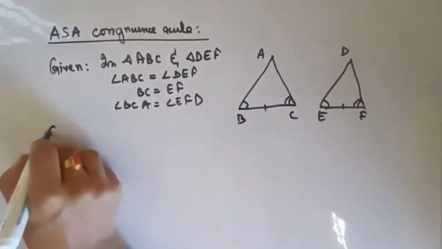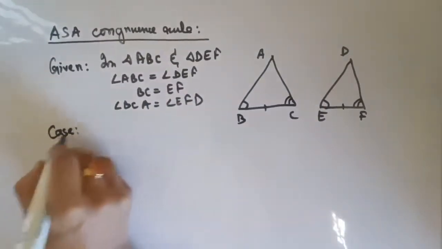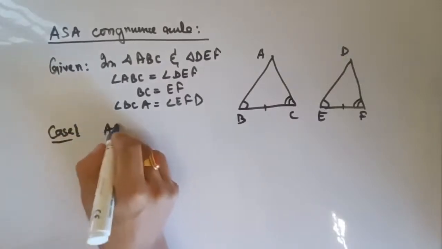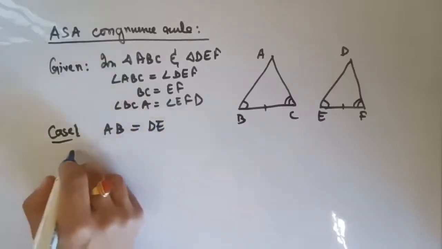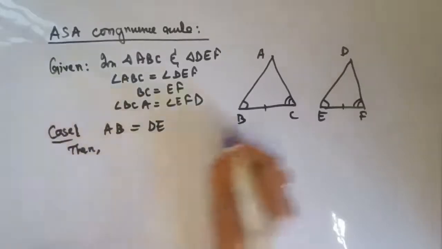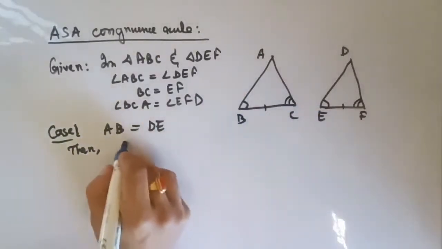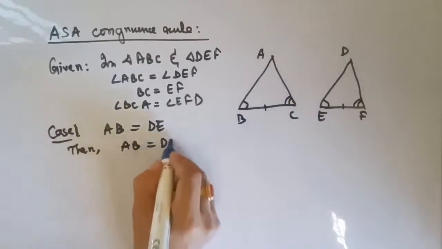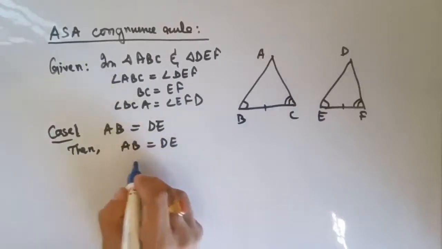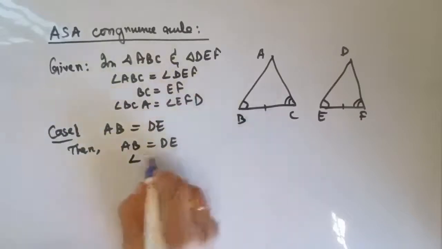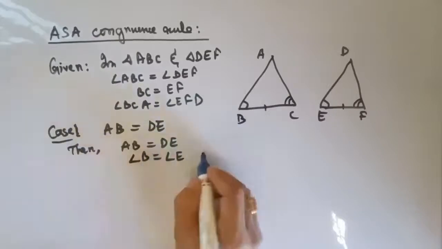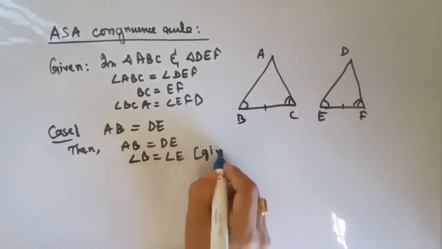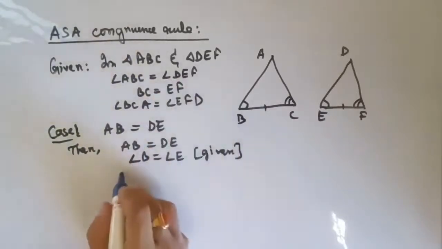So in case number 1, we are assuming that the side AB is equal to side DE. Then if you closely observe these two triangles, AB is equal to DE and angle B is equal to angle E. This is already given in the statement.